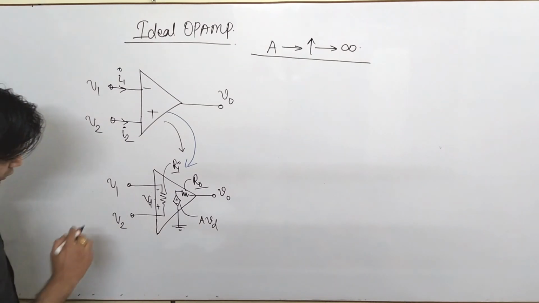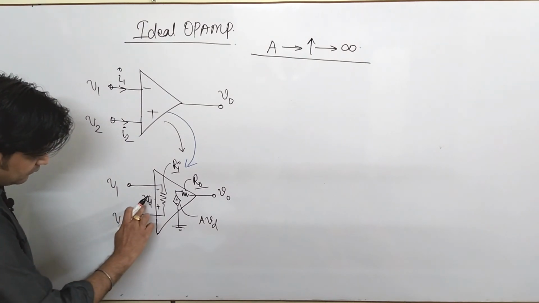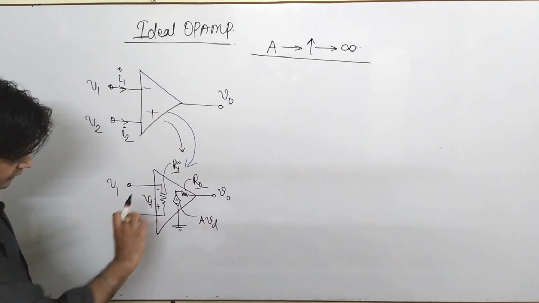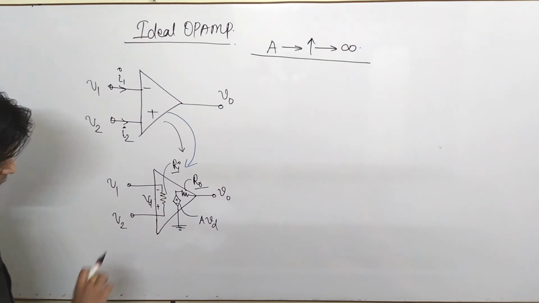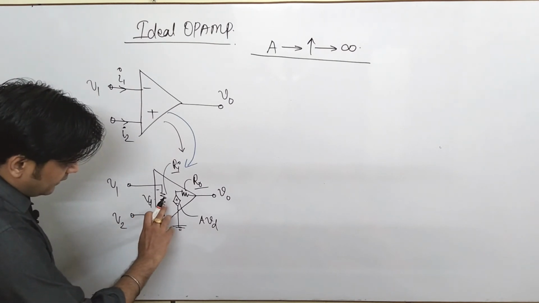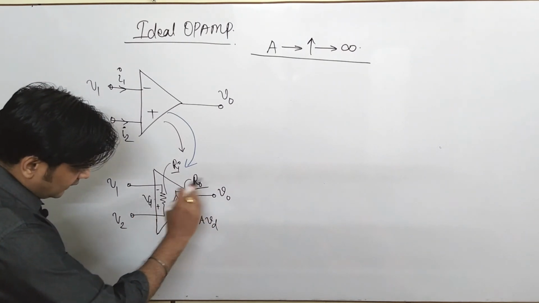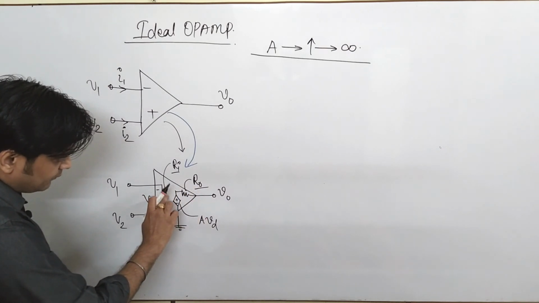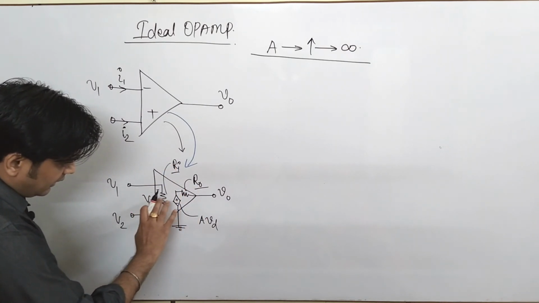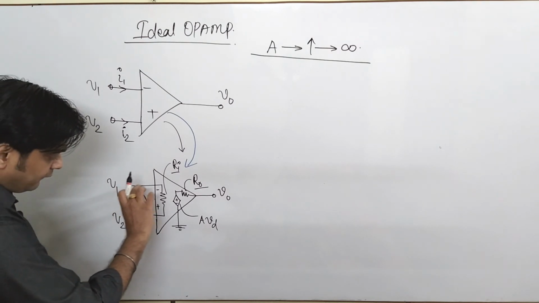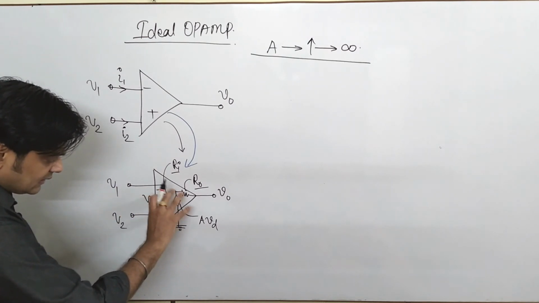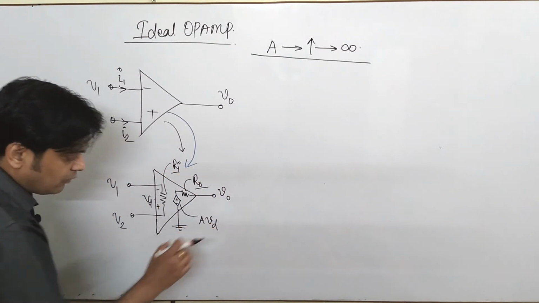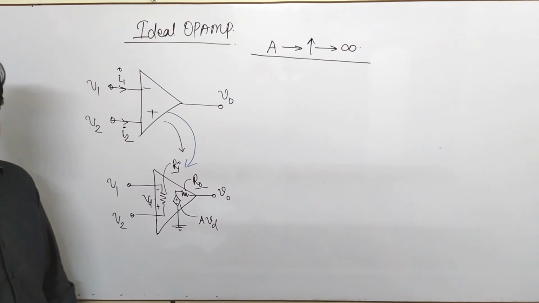Here are the two terminals V1 and V2. Some voltage, known as the differential voltage, is produced here; we call it VD. At the output, this is your output resistance R0, this is your input resistance Ri, and whatever difference is created here is converted into output in the form of A VD.